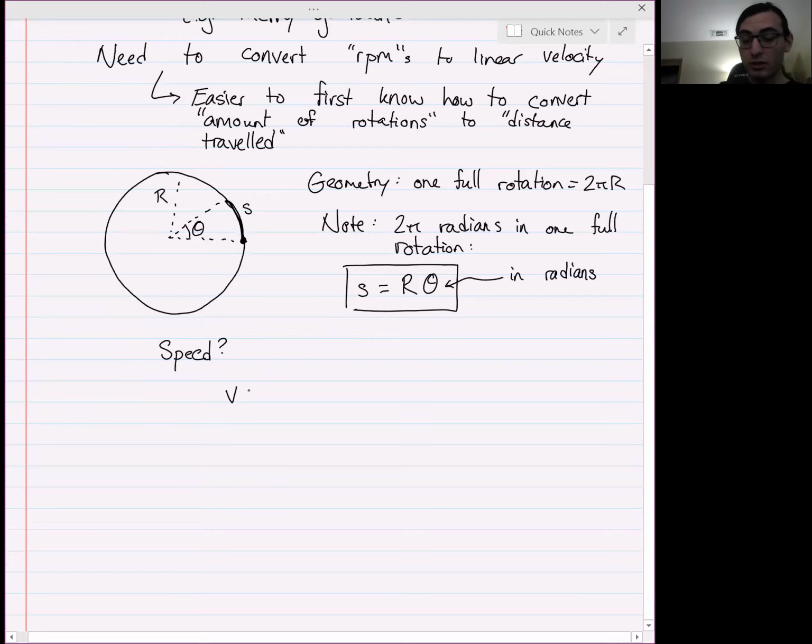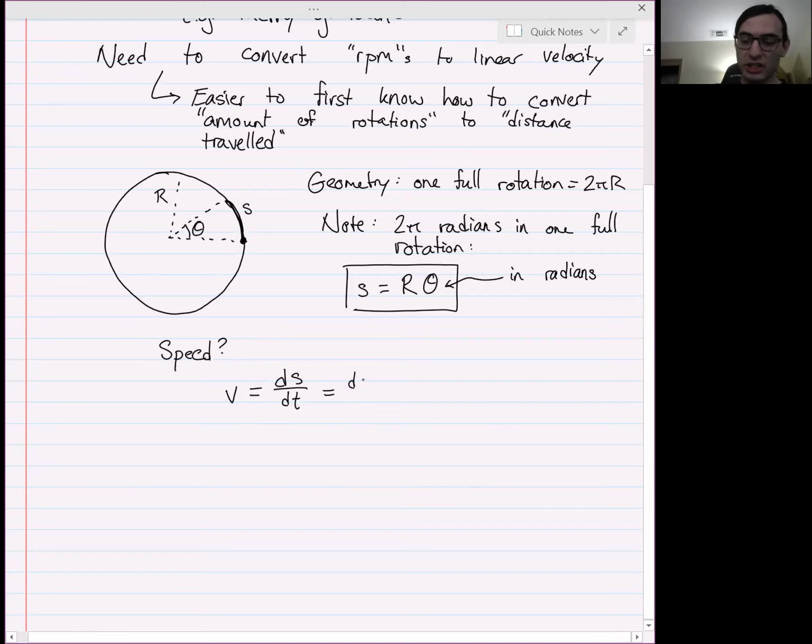So v, speed, is just the time derivative of distance traveled, s, right? I'm talking about scalars now, because velocity is in general a vector, but your direction is changing, and all we actually care about here is the linear speed, not the velocity. But s, as we just talked about for rotational motion, is just r times theta.